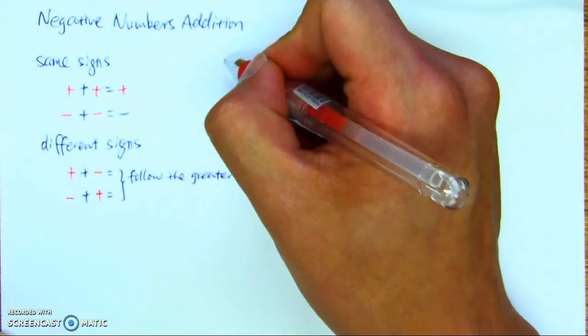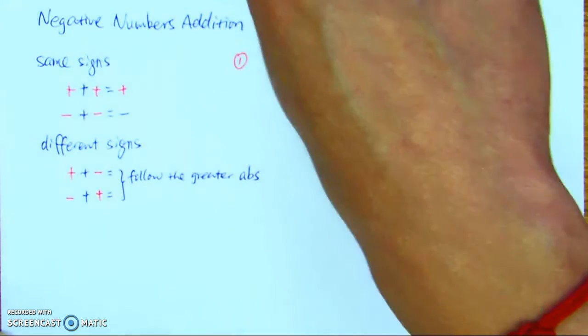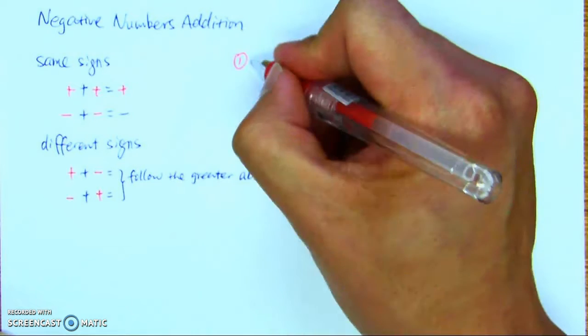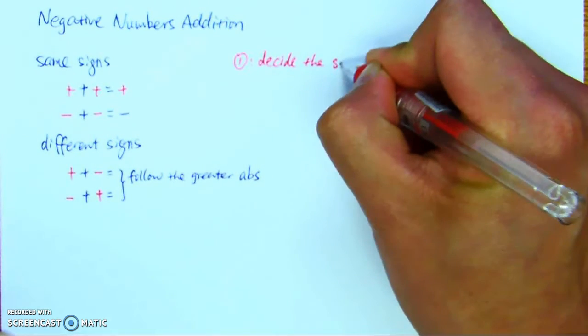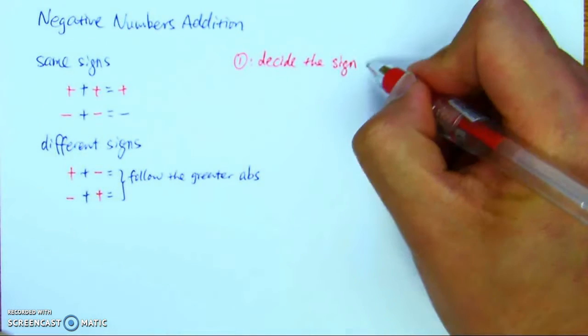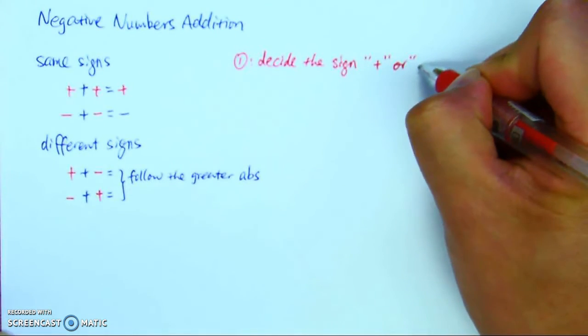In class we said you have to follow these steps. Step one, you need to decide the sign. Decide the final sign, whether that is a positive result or a negative result.